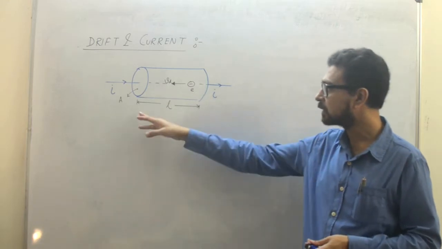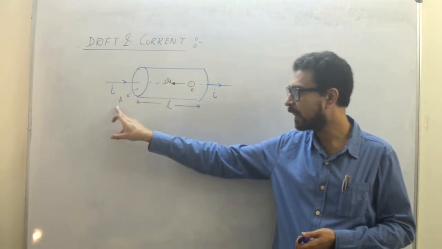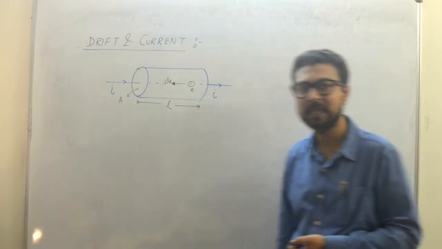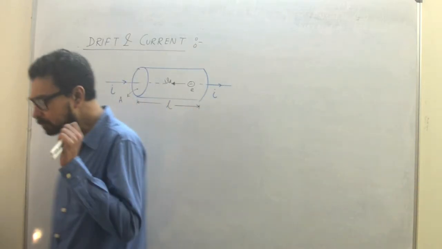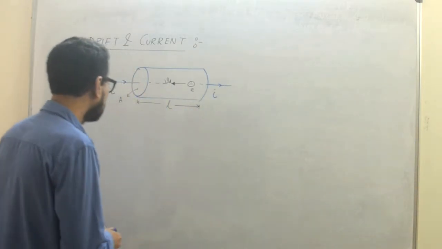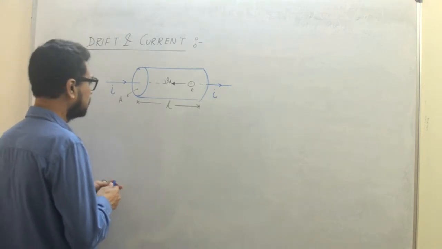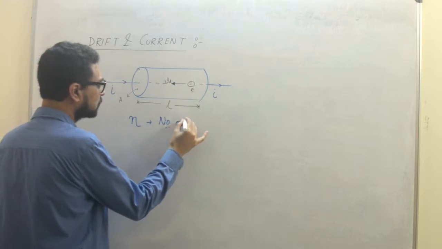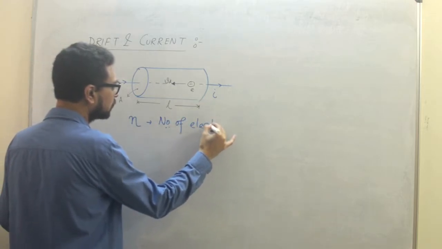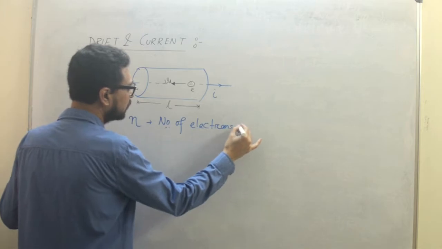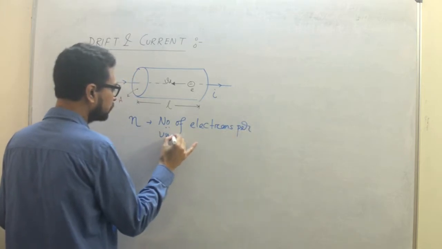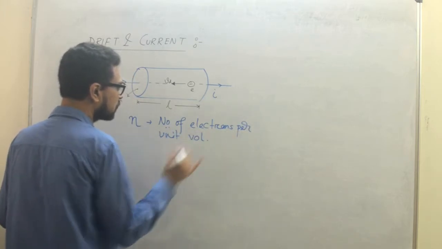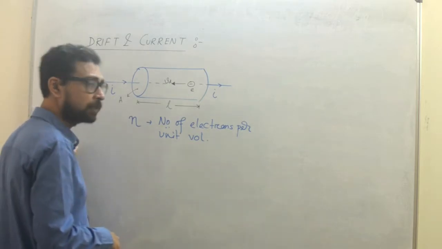The conductor has a cross-sectional area A, and the length of the conductor is L. Let's say that this conductor contains n electrons per unit volume. So n is the number of electrons per unit volume.